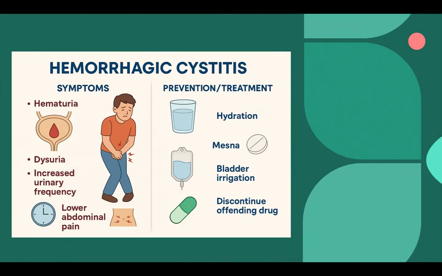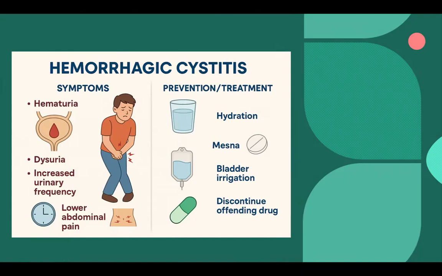How to prevent? We need to ask the patient to drink more amount of water, to be hydrated. Mesna is 2-mercaptoethane sulfonate, and it is generally used to prevent the hemorrhagic cystitis.